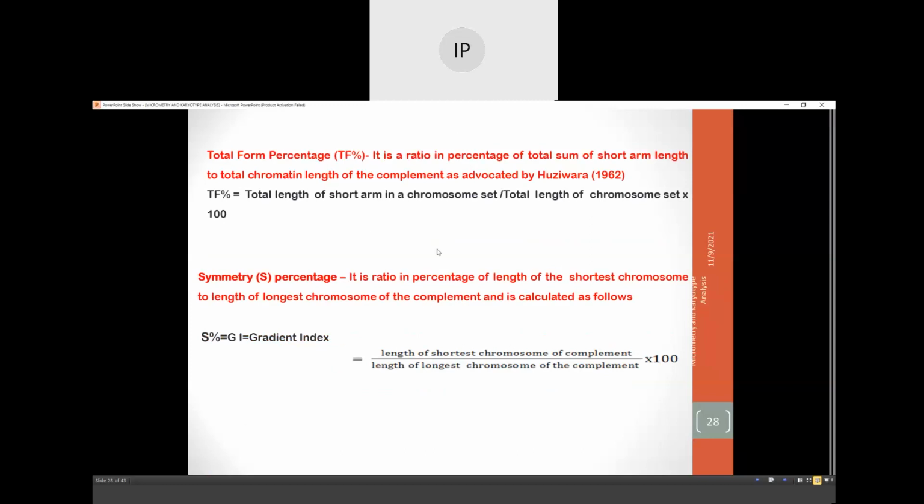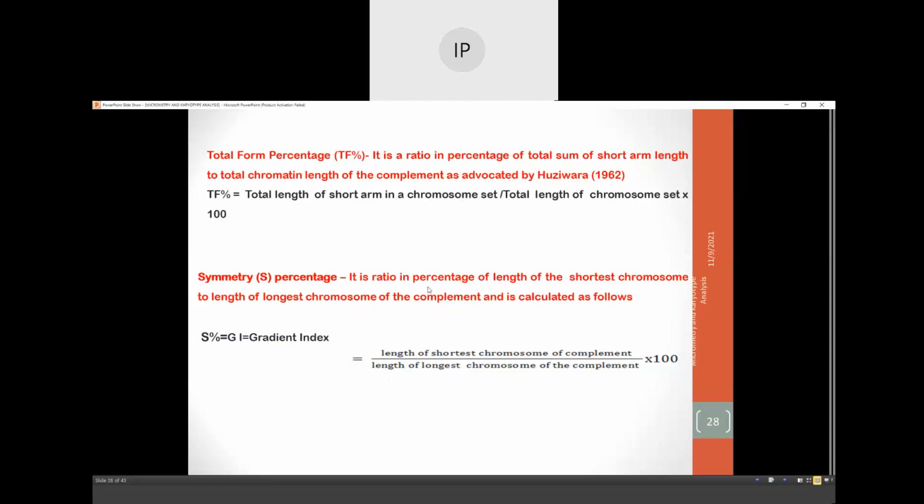It is a ratio in percentage of total sum of short arm length to total chromatin length of the complement, as advocated by Fujiwara 1962. TF percentage is equal to total length of short arm in a chromosome set divided by total length of chromosome set into 100.